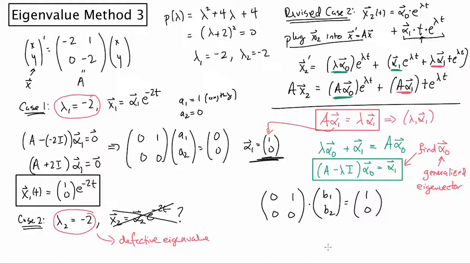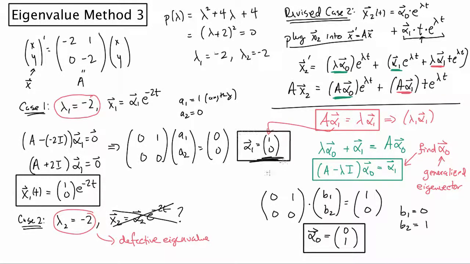What you end up having is b1 equals 0 and b2 equals 1. If b1 is 0 and b2 is 1, you would still get a 1 in the top row and zeros in the bottom. So what we found is that the generalized eigenvector is 0, 1.